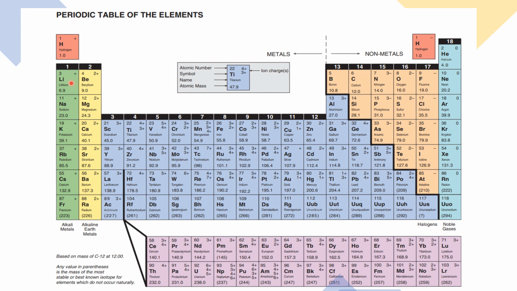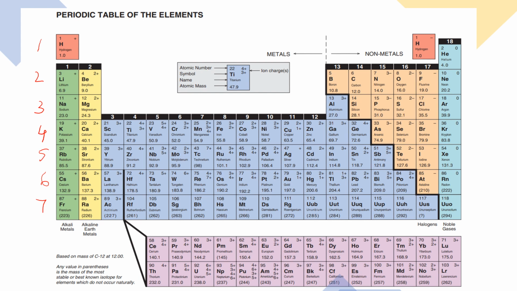These horizontal rows are called periods in the periodic table. There are 7 periods in total, labeled 1, 2, 3, 4, 5, 6, and 7, and we go from left towards right in a period.